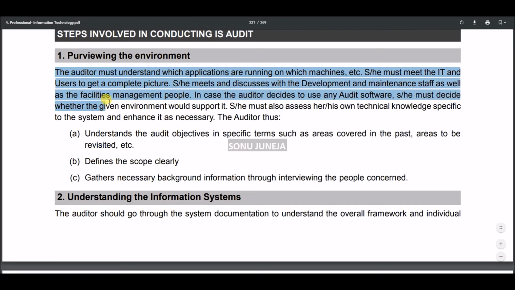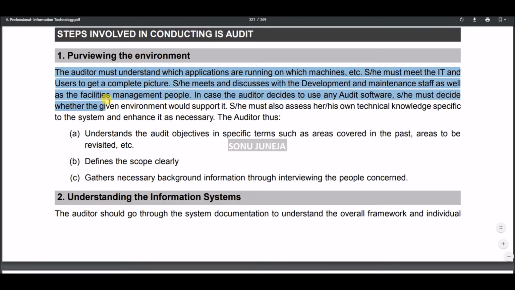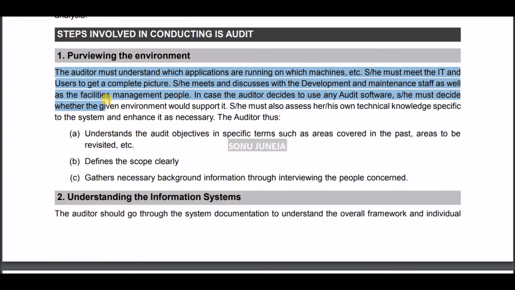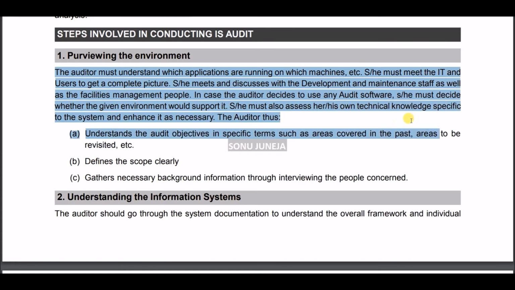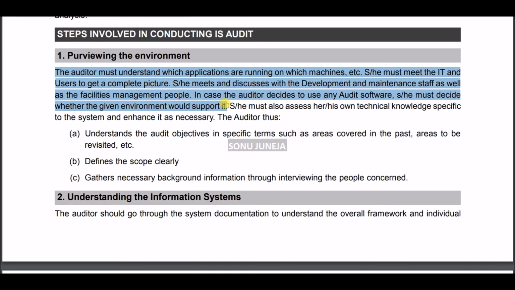In case the auditor decides to use any audit software, she must decide whether the given environment would support it. She or he must also assess his or her own technical knowledge specific to the system and enhance it as necessary.